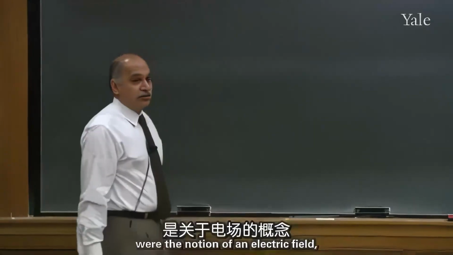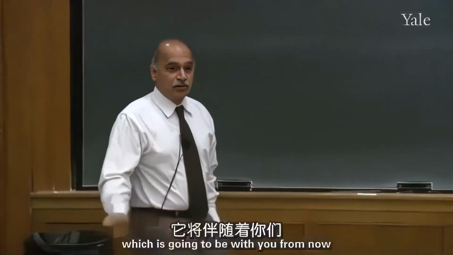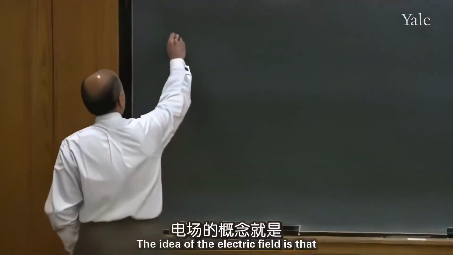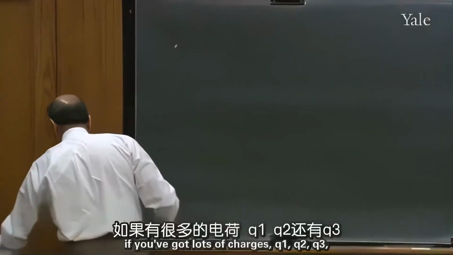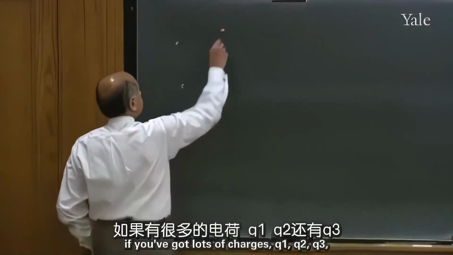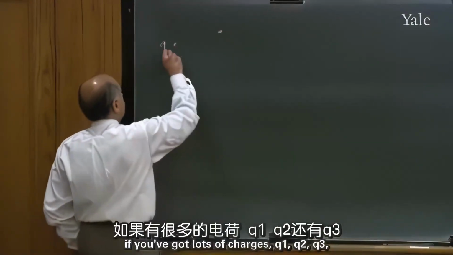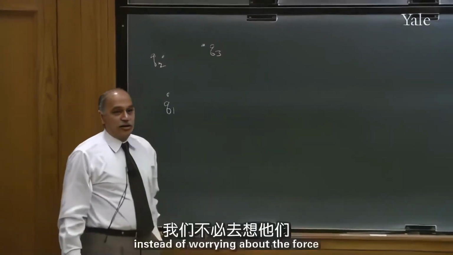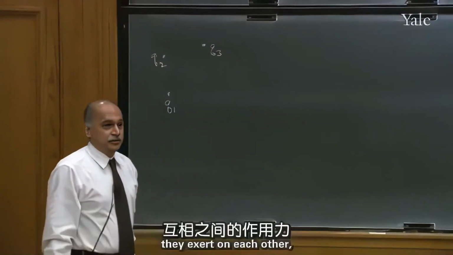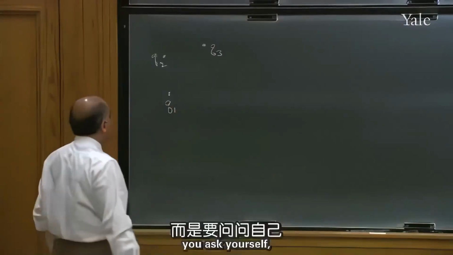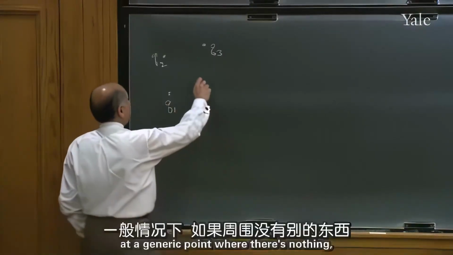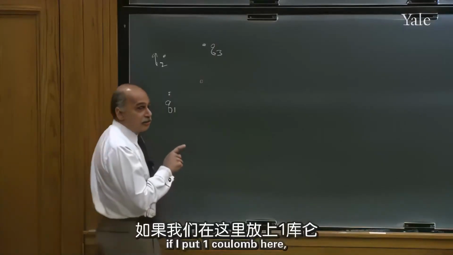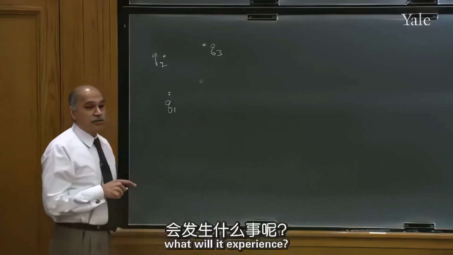The main things I did last time were the notion of an electric field, which is going to be with you from now till the end of the course. The idea of the electric field is that if you've got lots of charges, Q1, Q2, Q3, instead of worrying about the force they exert on each other, you ask yourself, at a generic point where there's nothing, if I put 1 coulomb here, what force will it experience?